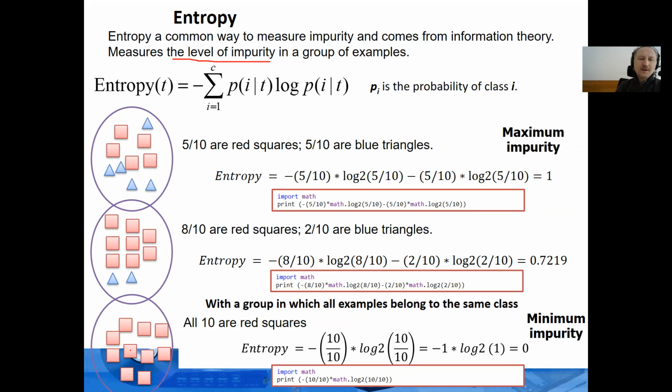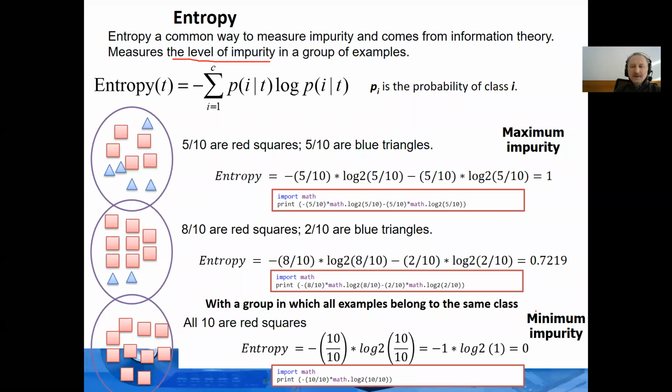For example, you can see this set is pure: in the set there are only squares. But this set is impure: we have some squares and triangles, two categories. When you calculate the entropy of this set, you will see 1. High entropy means impure, maximum impurity.